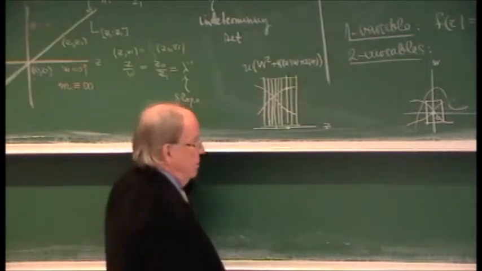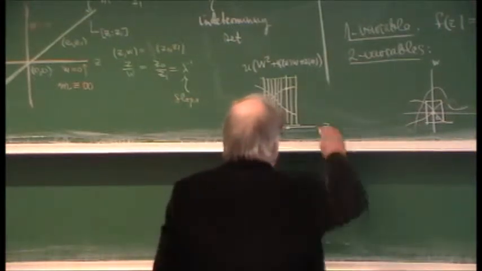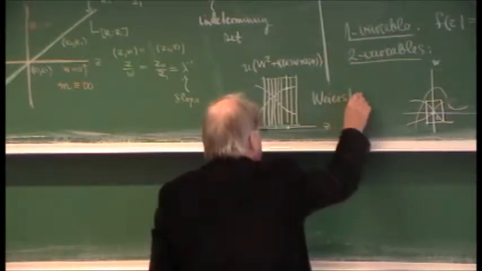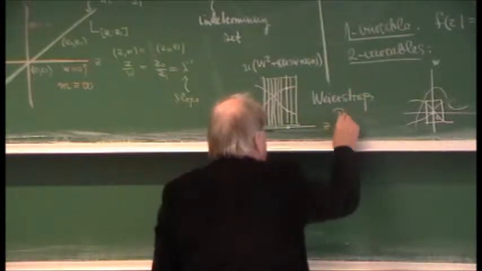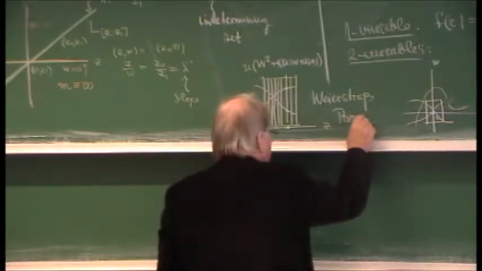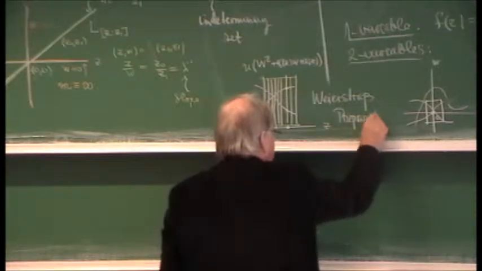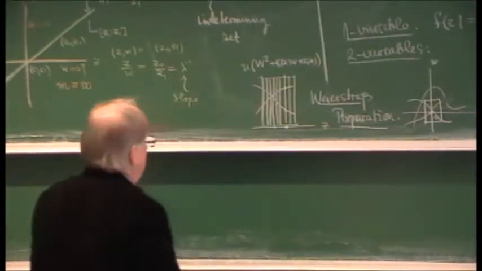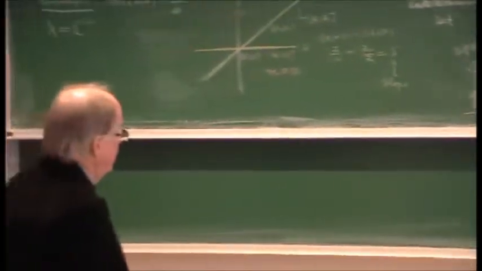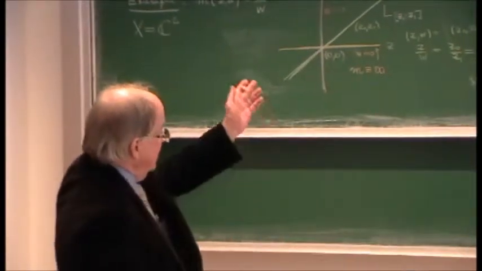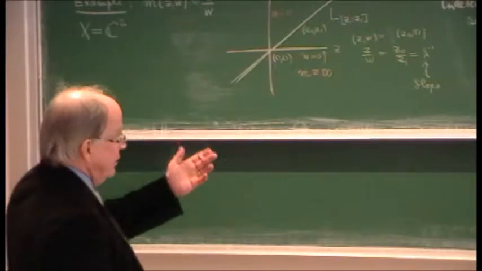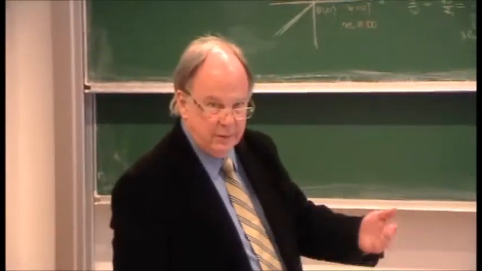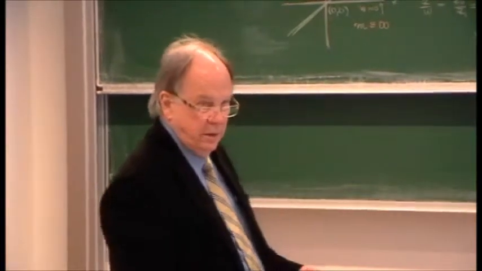So, the Weierstrass preparation theorem. And that allows us to do all sorts of things, like, for example, prove that the local ring is a unique factorization domain, so you can cancel out stuff. Okay? It's important.